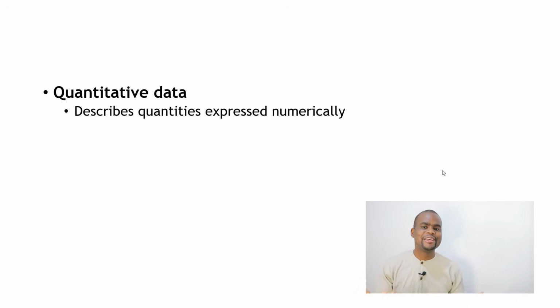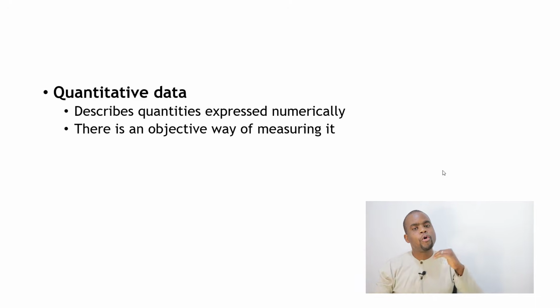So because you're going to give me in terms of numbers, and these numbers are objectively defined. For example, if you're talking about age, somebody who's 20 years old in one country is 20 years old in another country. And the reason for that is because we have an objective way of measuring time. But also, if you say how many people are in the room, you're going to actually count the number of people. So we have an objective way of measuring that.